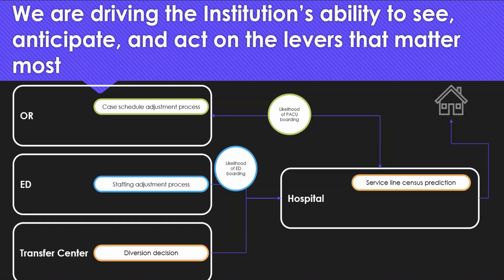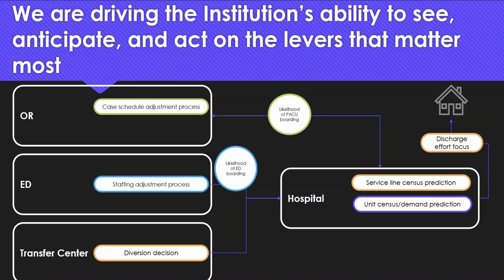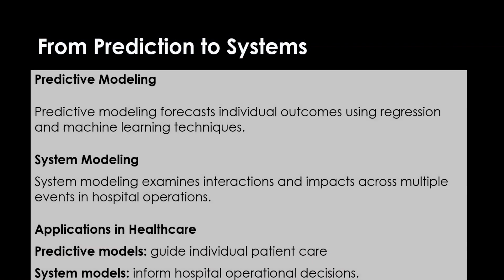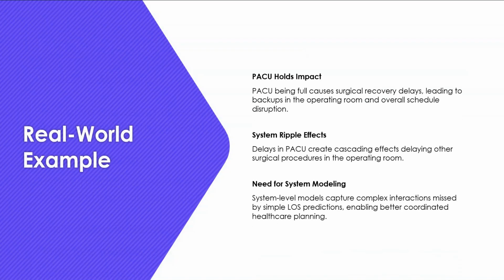We still may predict census, but in order to make a decision in diversion or where to focus effort for discharge, adjust schedules, or prioritize cleaning activity within the hospital. So we're moving on from the prediction idea into systems thinking. And we're still working on this real world example of the PACU to keep a little bit of continuity here.